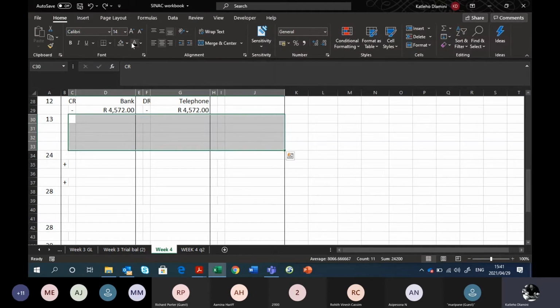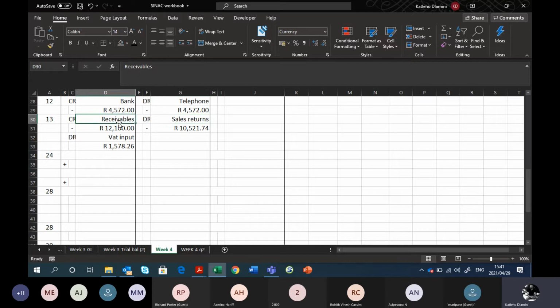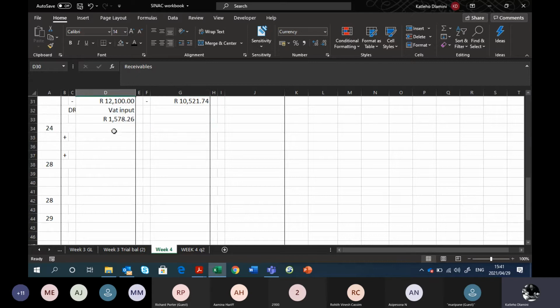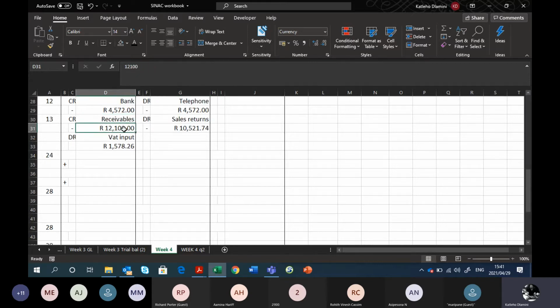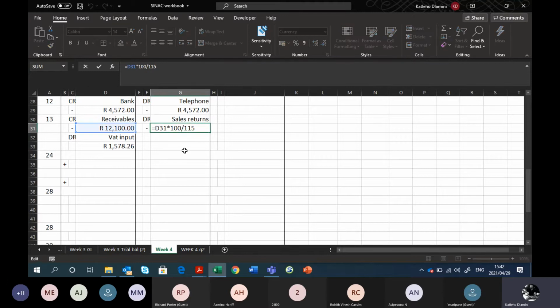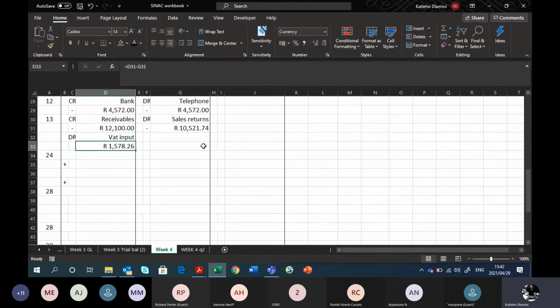Okay. Sales returns. So receivables is then credited with 12,000. Then we're going to calculate the exclusive amount, and then our VAT input is then going to be debited. All right.